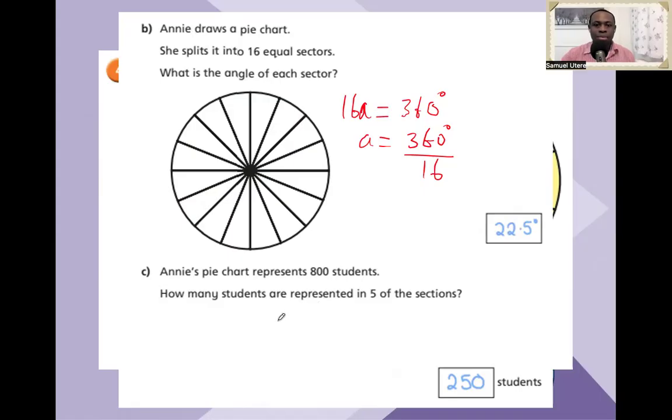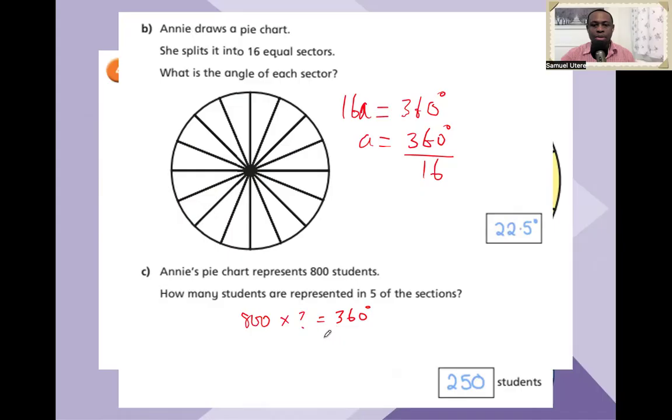So what we could do, remember that special number, we're going to take our total number times a special number will give us 360 degrees. So you remember that's what we used to do. We'll take our total, we times it by a special number that gives us 360 degrees.